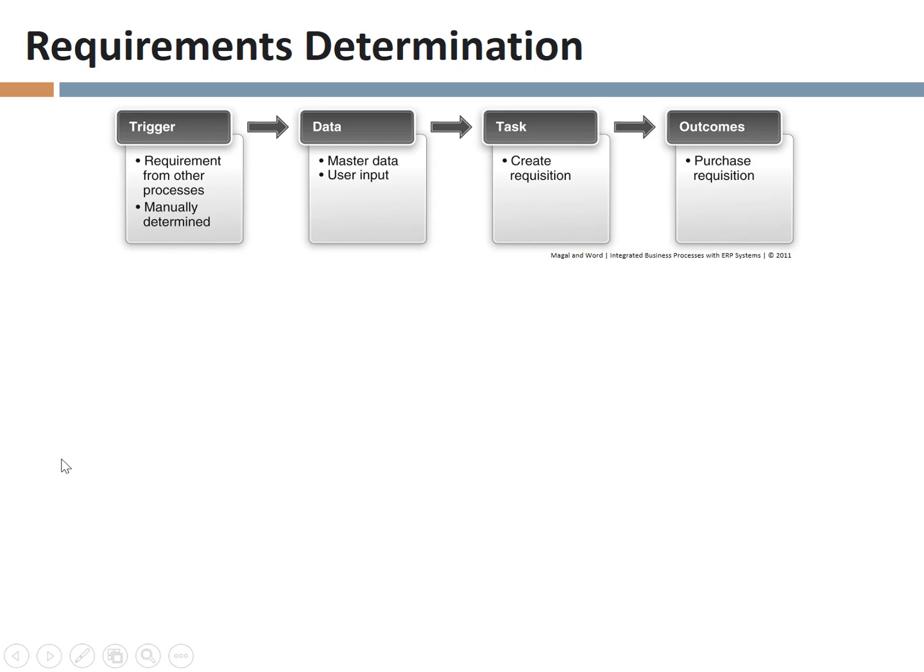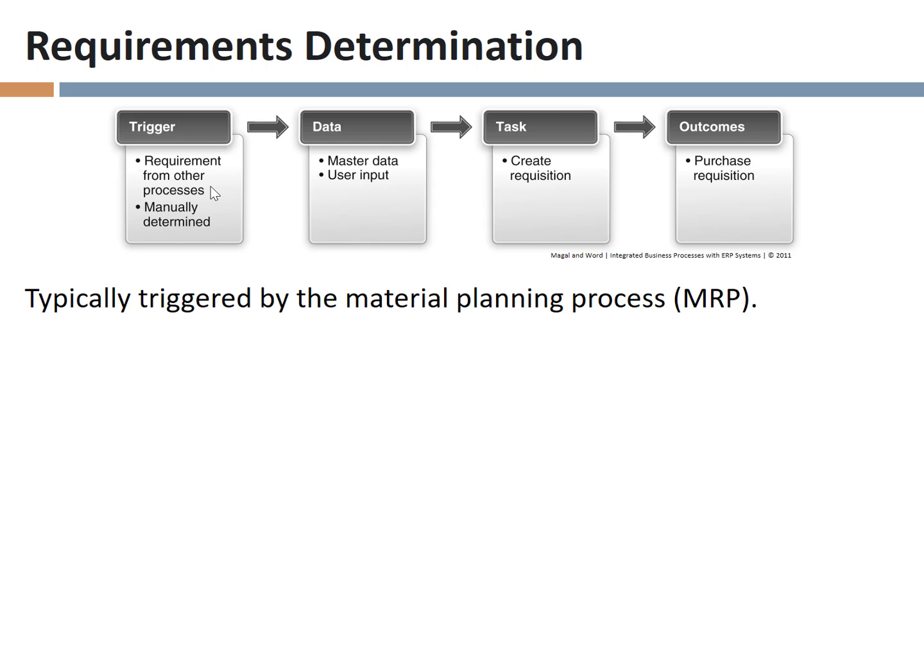So step one was requirements determination. The trigger from this is we either have requirements from other processes or this is manually determined. Now, in most organizations, particularly those running SAP ERP, it's very likely that this is going to be triggered by the MRP process.